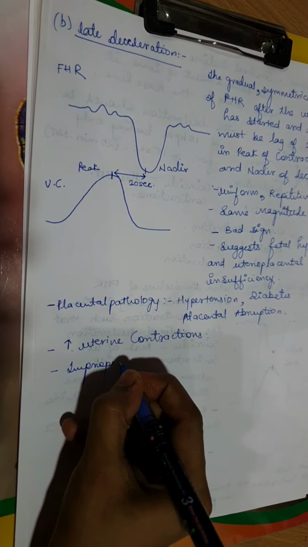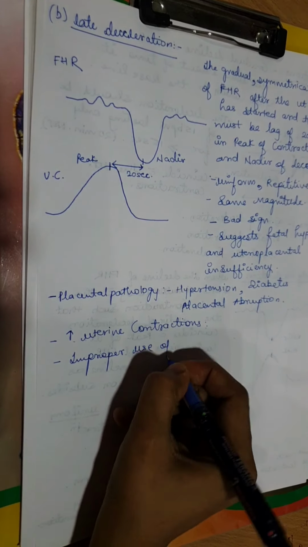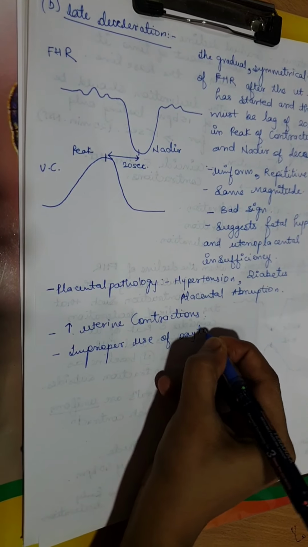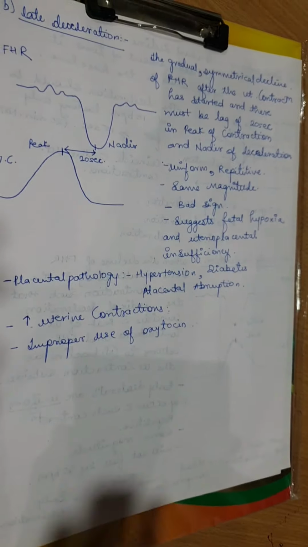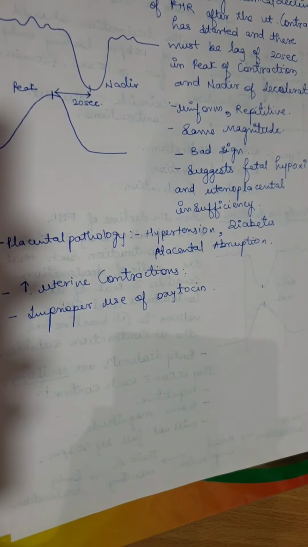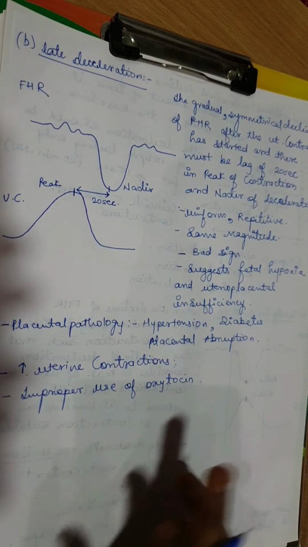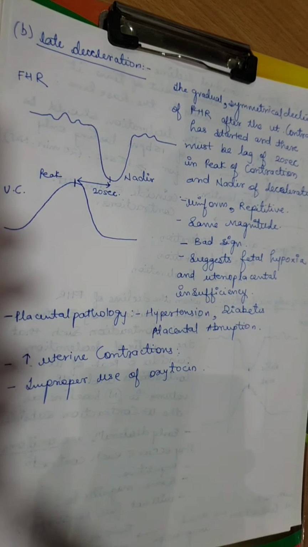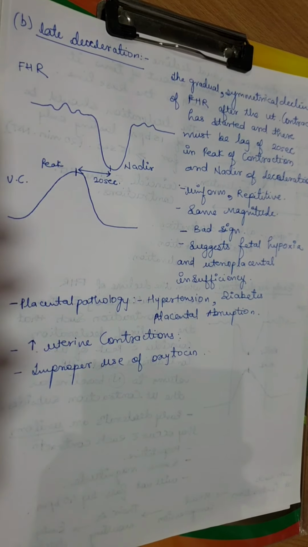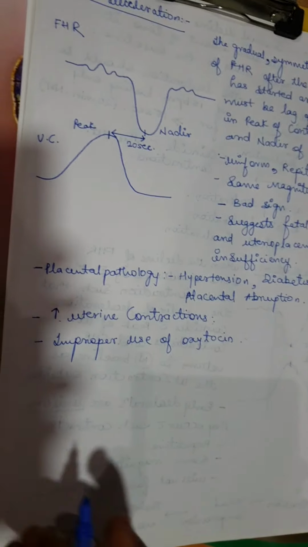If you have not gradually increased the dose, if you have suddenly increased it, it might lead to excessive uterine contractions, which will lead to fetal hypoxia and uteroplacental insufficiency. There will be compression of the cord, which is not bearable by the fetus.